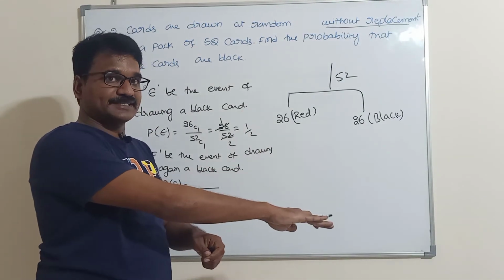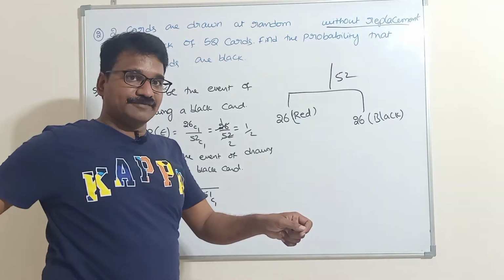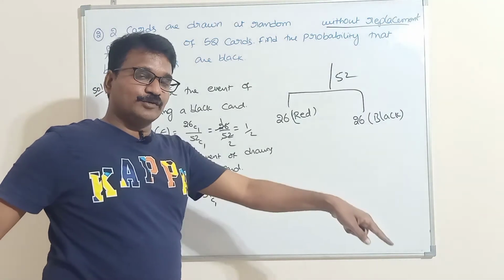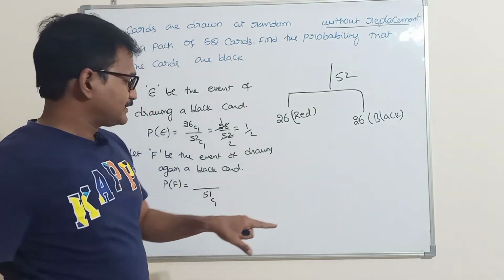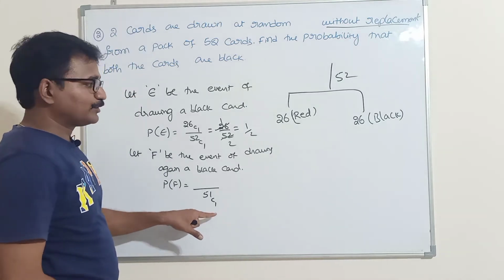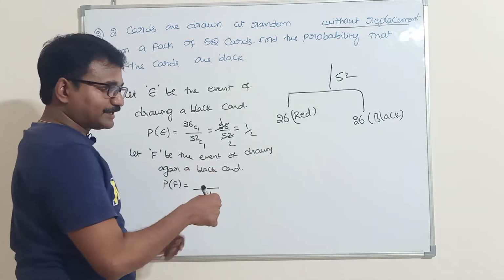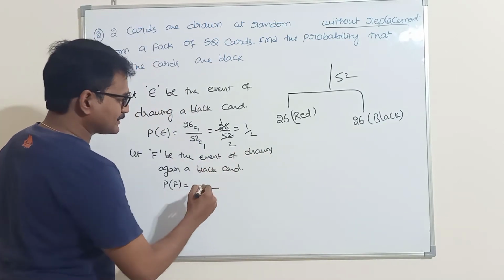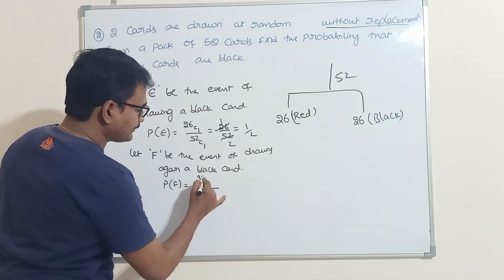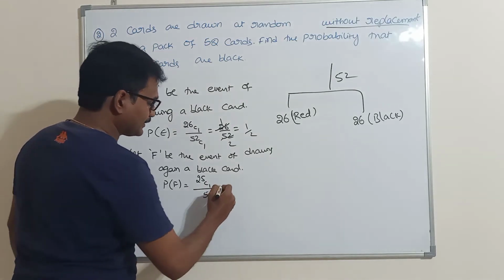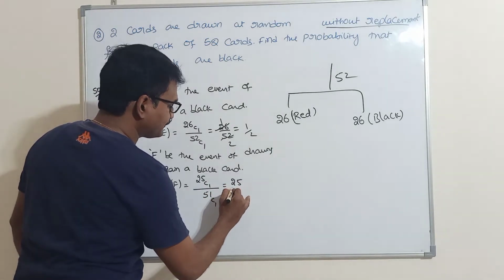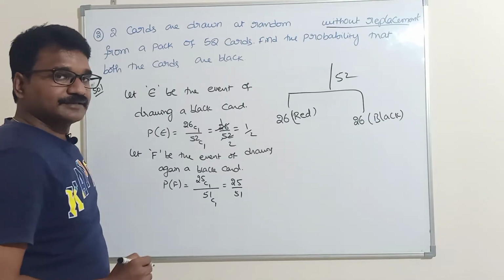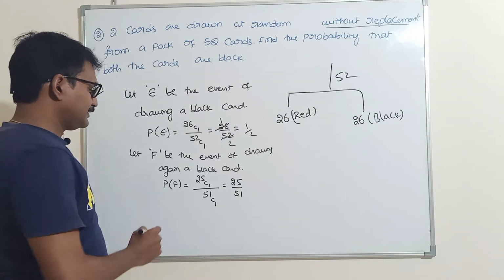Again from 51 you are drawing one more black card. After drawing one card from 26, how many black cards are still there? 25. Again you are drawing one card. That means 25 by 51 is P of F.